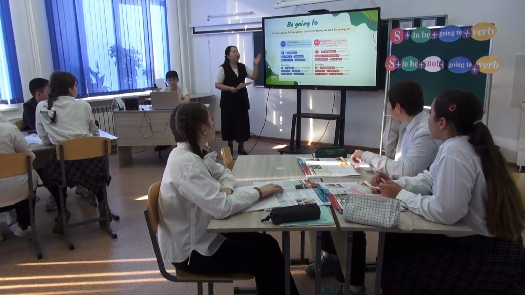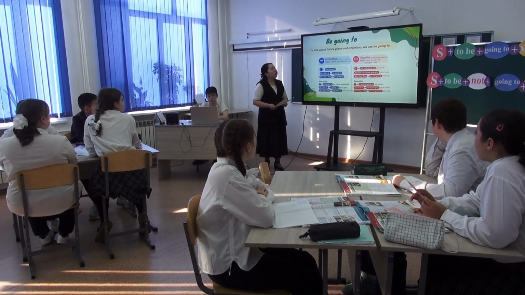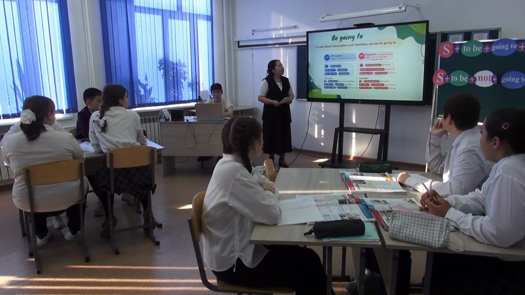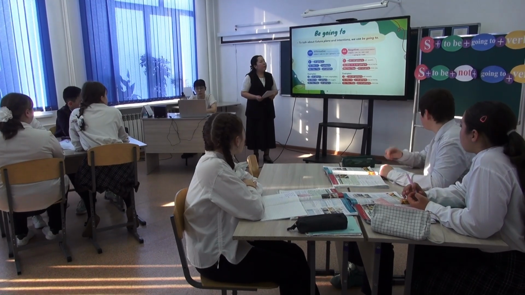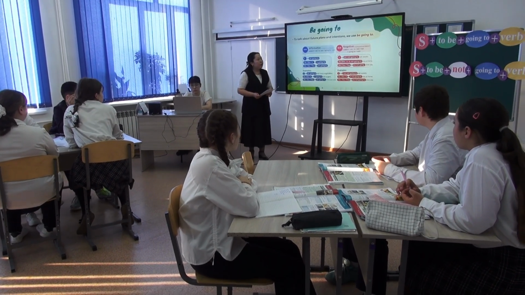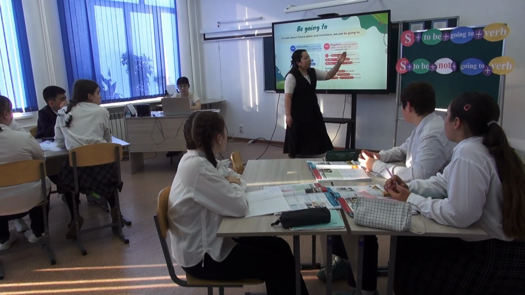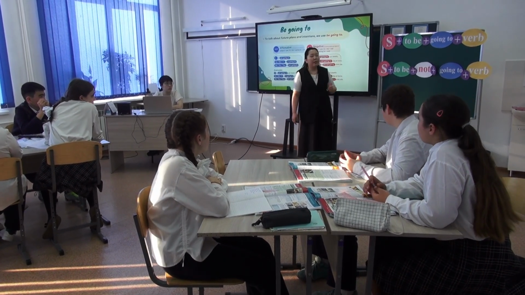Children, we're going to talk about future plans and intentions. We use be going to, yes? Когда мы говорим о будущих планах и намерениях, мы используем be going to. So, we have the form affirmative and negative. So, affirmative form, repeat after me.